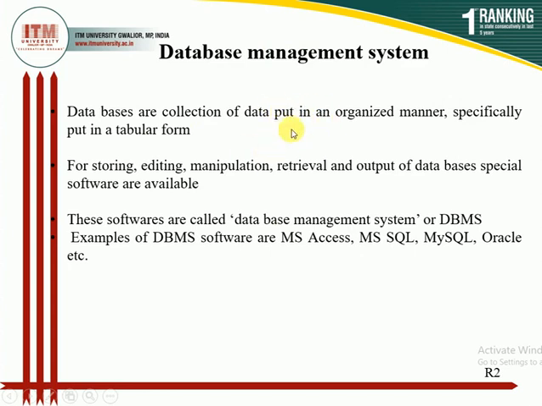In this system, the storage, editing, manipulation, or retrieval of a particular data is managed properly. There are various software for database management systems. Those software are MS Access, MS SQL, MySQL, Oracle. So all these are database management systems in which different types of GIS data are stored properly.